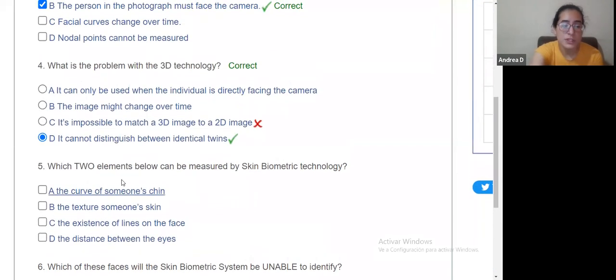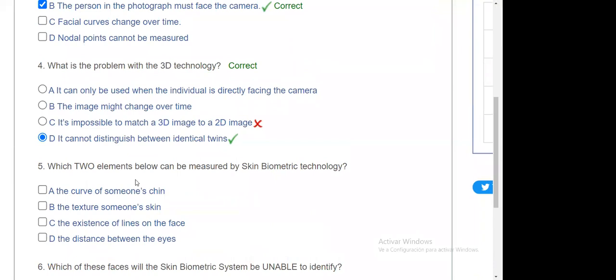Now we have 3: which 2 elements below can be measured by skin biometric technology? So what can the skin biometric technology do? Let's see.